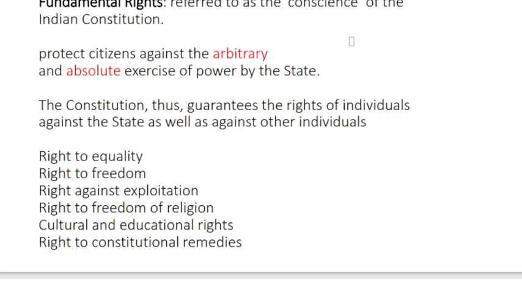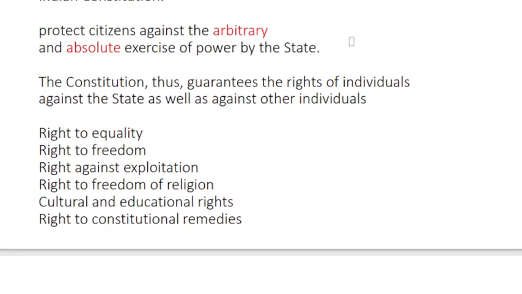They protect us from absolute power or arbitrary system. Initially there were 7 types of rights. One is deleted. Now all citizens have only 6 types of rights.